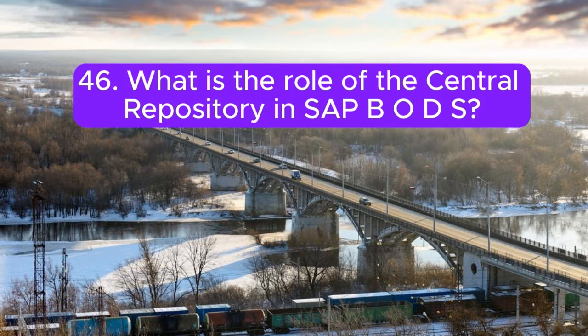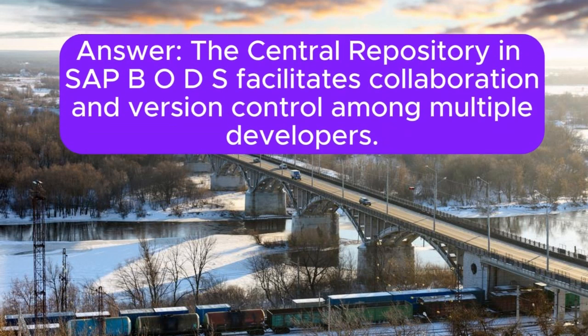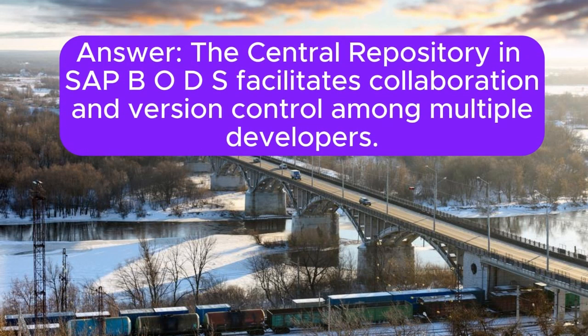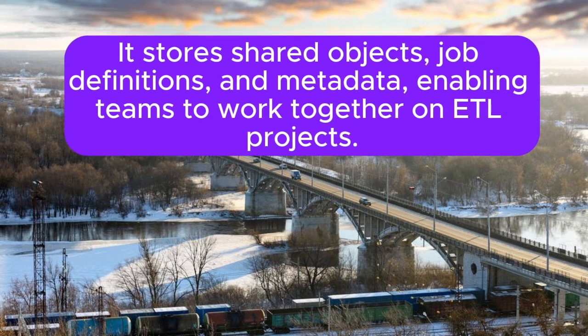46. What is the role of the central repository in SAP BODS? Answer. The central repository in SAP BODS facilitates collaboration and version control among multiple developers. It stores shared objects, job definitions, and metadata, enabling teams to work together on ETL projects.